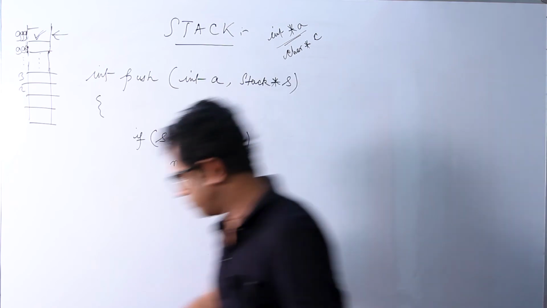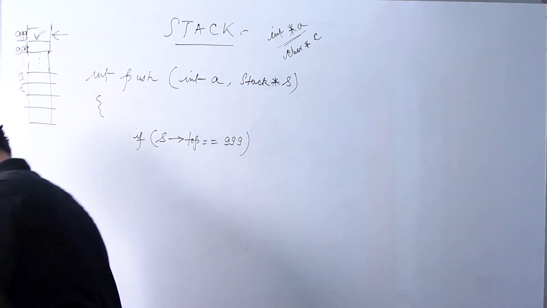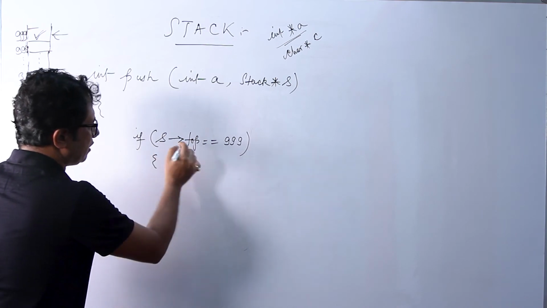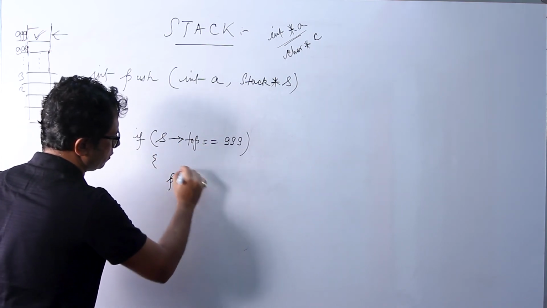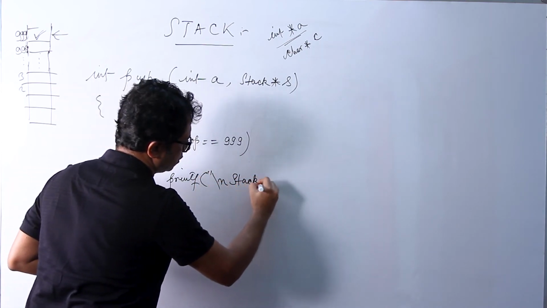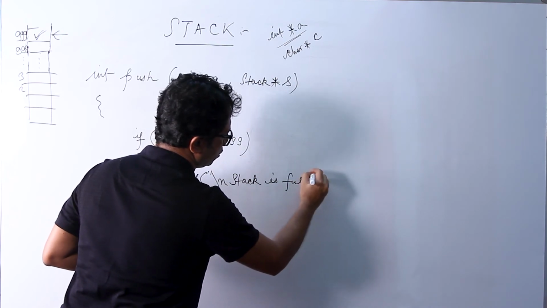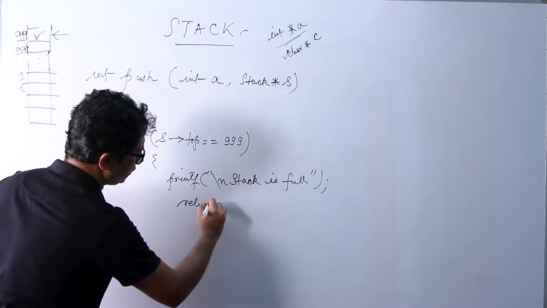So let us just give a message over here to make you understand it more easily. If S arrow top is equal to 999, printf new line stack is full, and then we return the 0 after that.